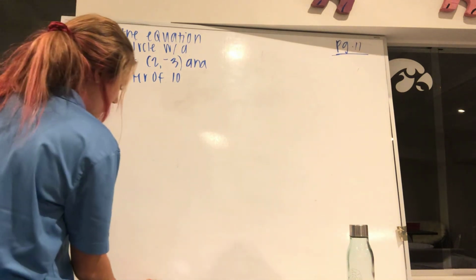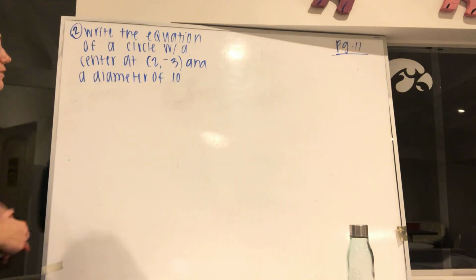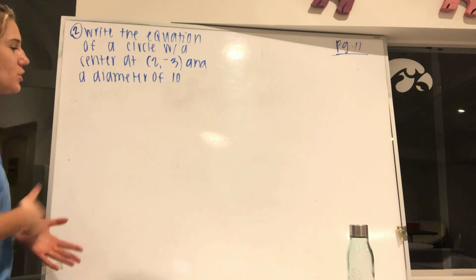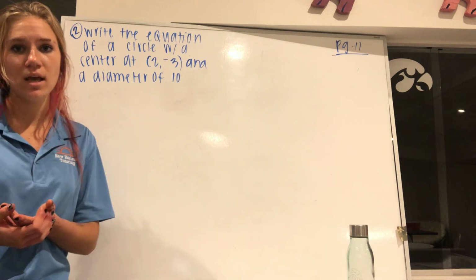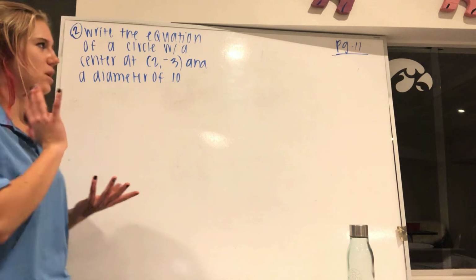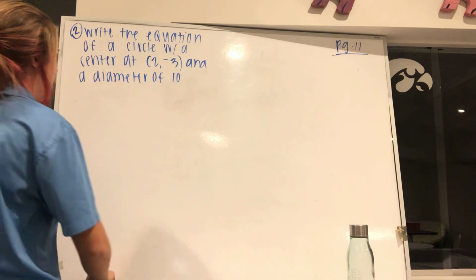Okay, so this problem basically just wants us to write the equation of a circle with a center at 2, -3 and a diameter of 10. So since we're getting pretty close to time, I'm just going to brush through this pretty quickly and explain it.